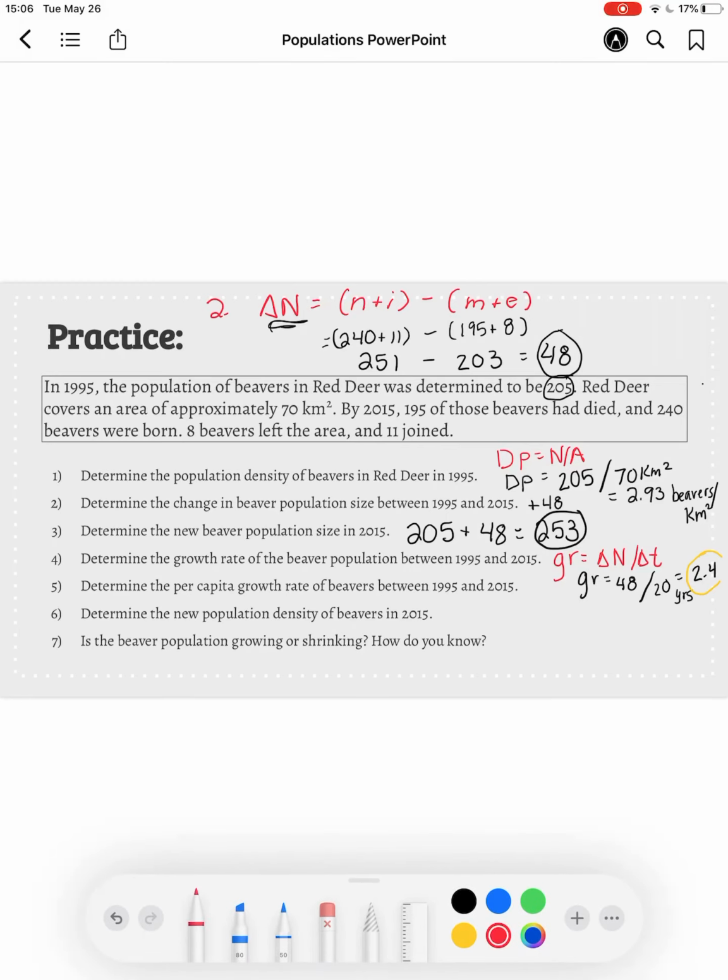So let me write down that formula. Our growth rate is equal to our delta N over our N.